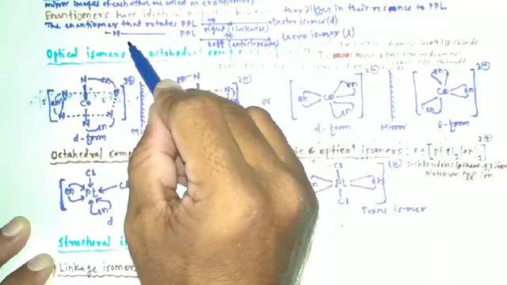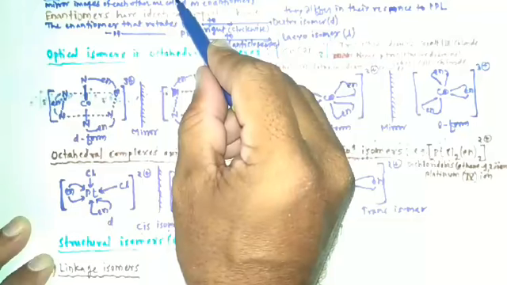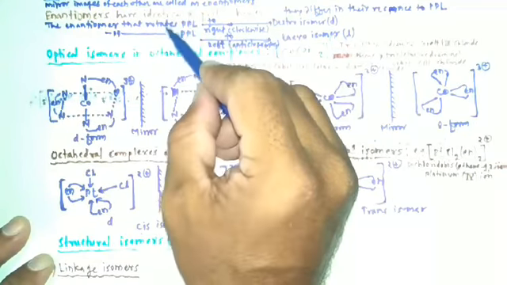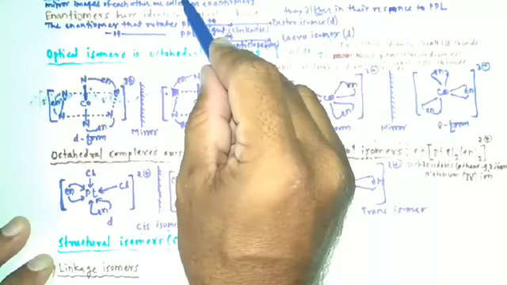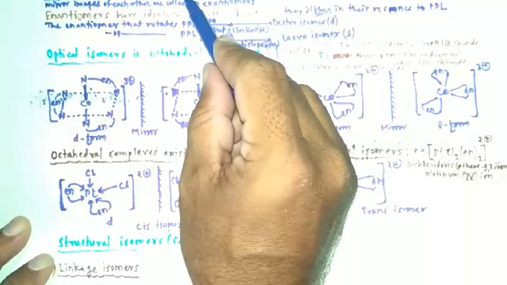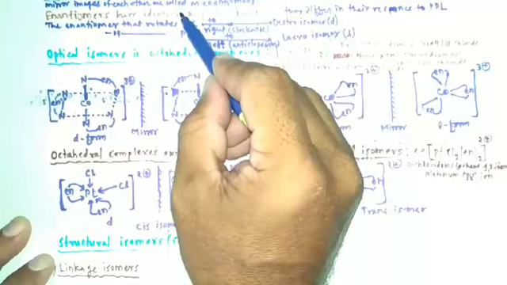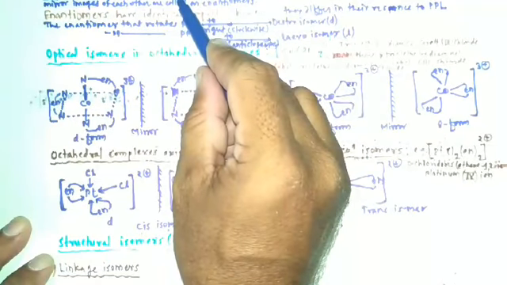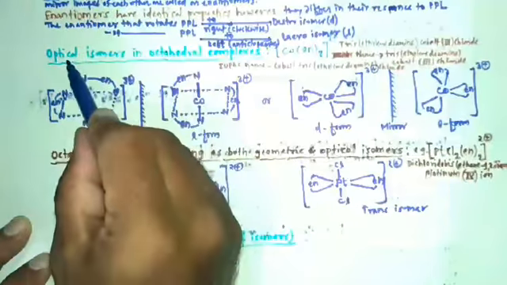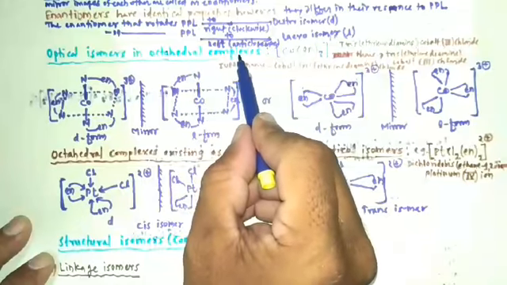Complexes which are square planar do not show enantiomers because they have a mirror plane or axis of symmetry. That's why they cannot show enantiomers. The next article which we are going to study is optical isomers in octahedral complexes.